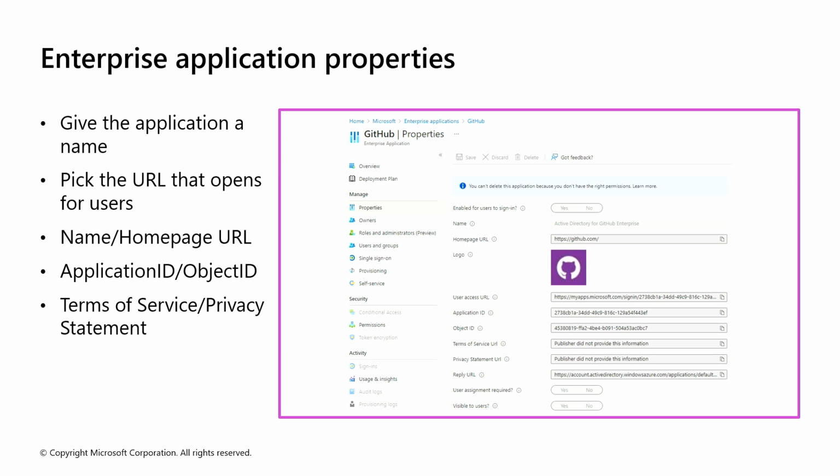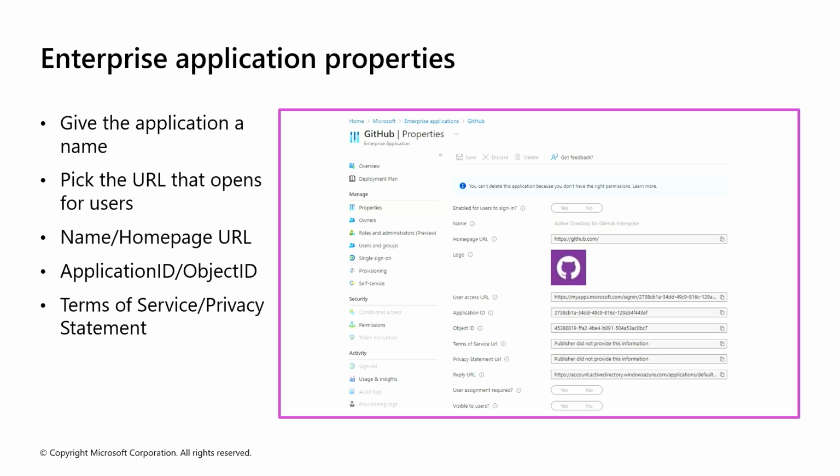It's used by the app itself and by other services to identify the app across all the tenants and environments. For example, when you configure authentication or API access, you'll often need to provide the application ID so that Microsoft Entra ID knows exactly which app you're referring to.